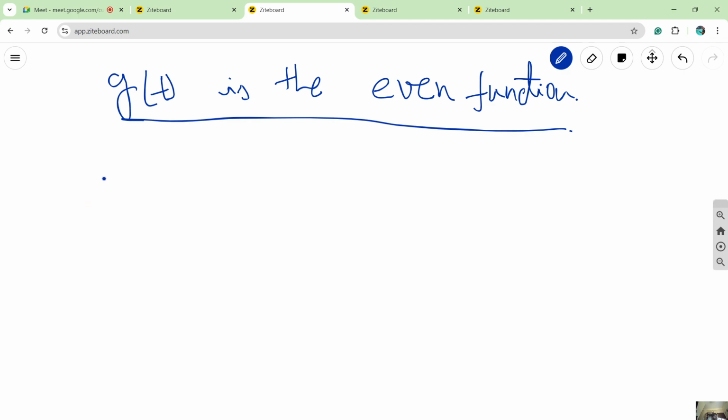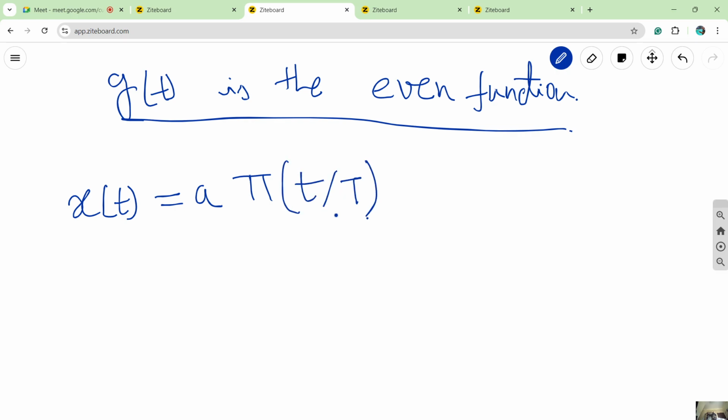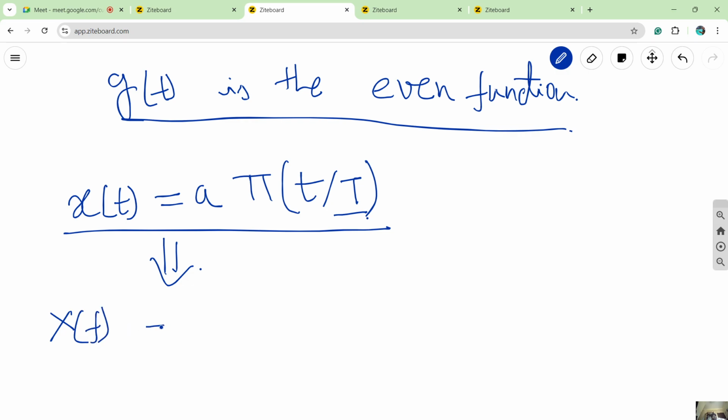So if a particular signal x(t) is there and it has a rect signal representation like this, with this time period, then it has a Fourier transformation. You know that X(f) is equal to A T sinc(pi f T).